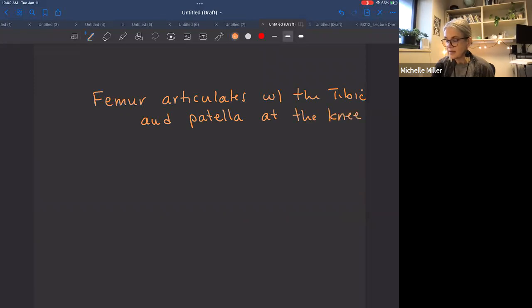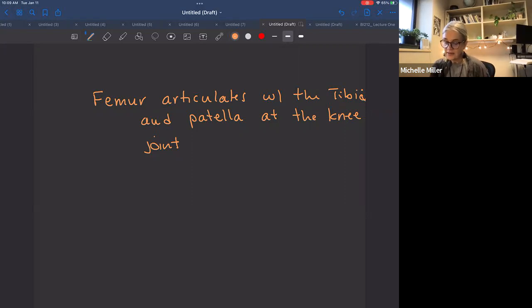We're going to talk about this knee joint in more detail in a lecture coming up soon. So the tibia and the fibula are actually very much like the radius and the ulna in the forearm. So they would be kind of homologous evolutionarily, because they come from very similar structures.